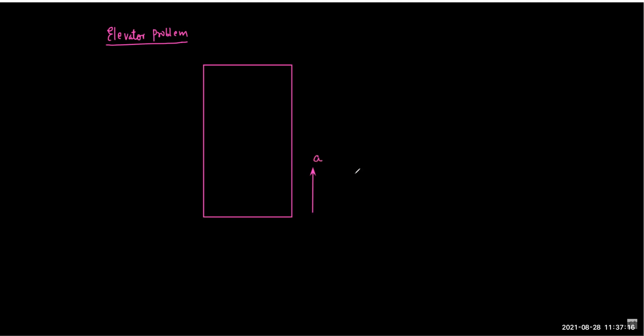Let's call A the acceleration, and this is your ball which you're throwing, and you're throwing the ball with some velocity with respect to the elevator.